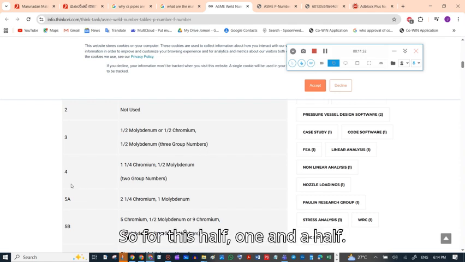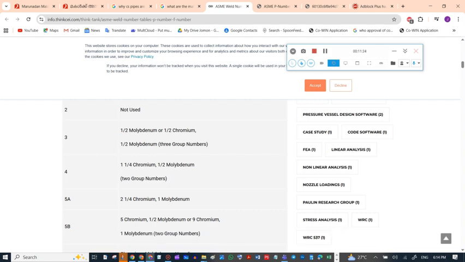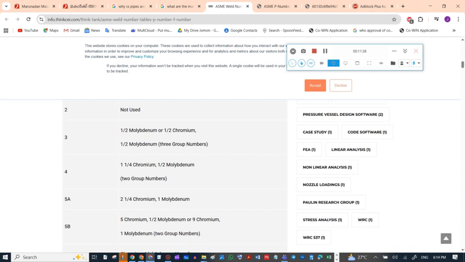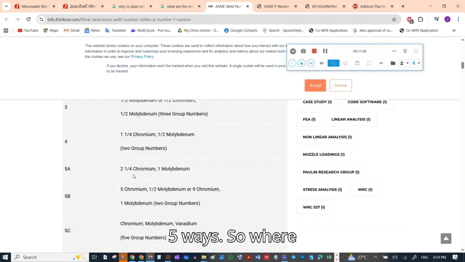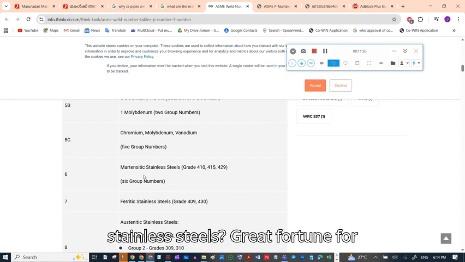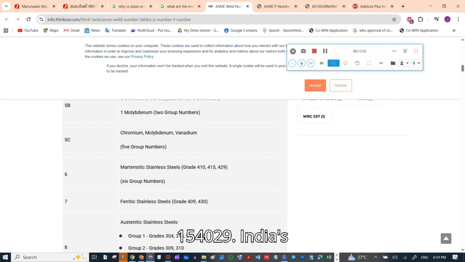P number 4 is 1.5, 1 and 1/4 chromium and half molybdenum, with two group numbers. P number 5 is... so where is 6, stainless steel. Martensitic stainless steels, grades 410, 415, 429, have 6 group numbers.